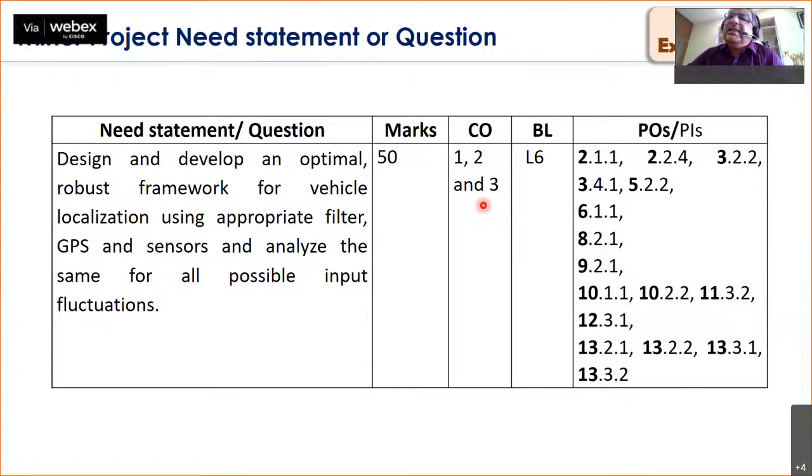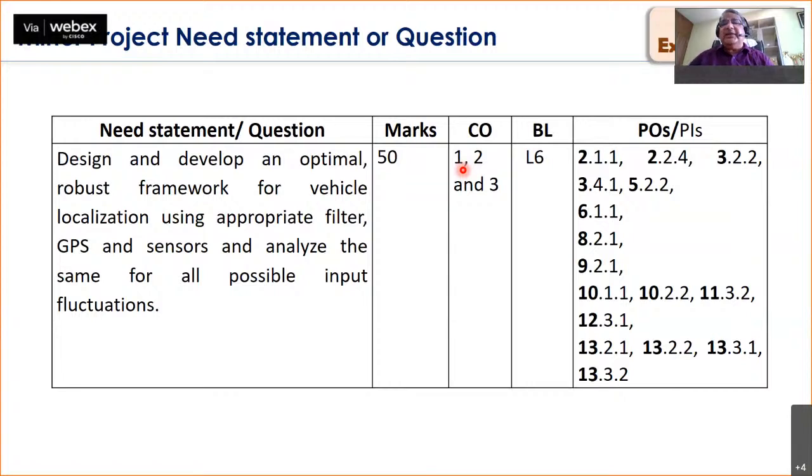So it is L6 level, and that L6 level assumes that all the lower levels are taken care of. Therefore, we don't write CO1 at L3 level or CO2 at L4 level like that. If you want to bring in that specificity, you can. But the easier way is, ultimately it is creating a project, which means L6 level, and simply write L6.